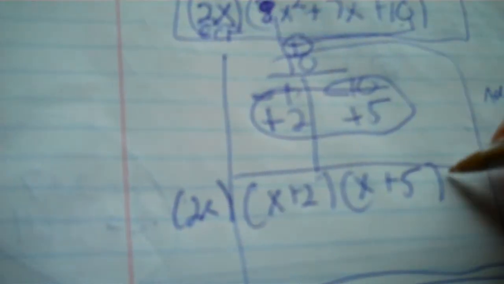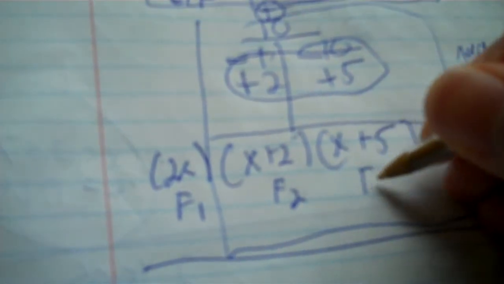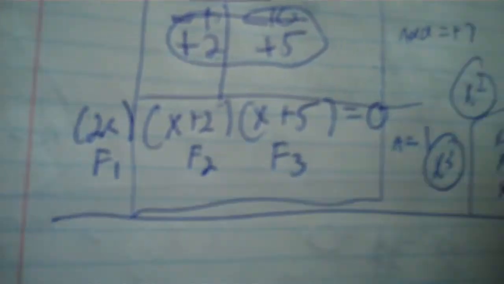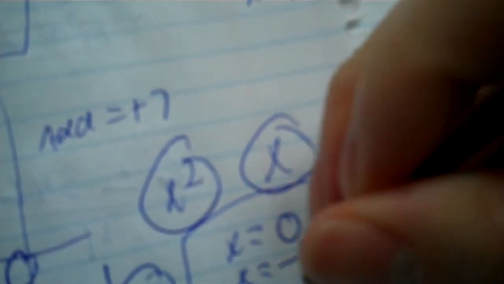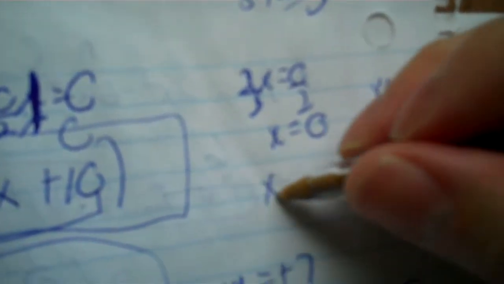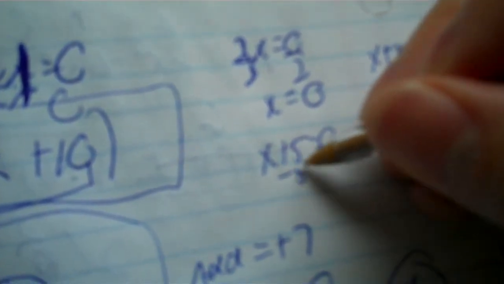Now drop your GCF 2x down. And now you have your 3 factors, f1, f2, f3. So 2x could equal 0, so I divide by 2, I get 0. X plus 2 could equal 0. Get negative 2. And x plus 5 could equal 0. And we get negative 5.